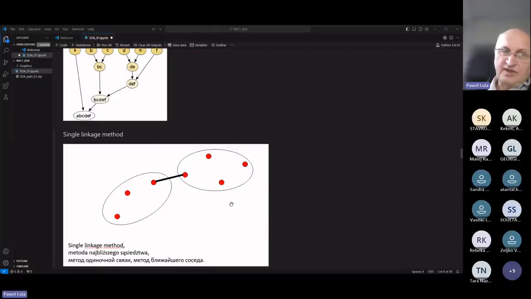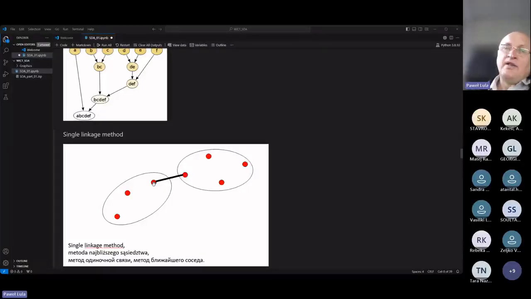So having two clusters, when we want to calculate the similarity between them, we should find two objects, one belonging to the first cluster and one belonging to the second cluster, for which the distance between them is the smallest. And when we compare similarities between different pairs of clusters, we use this distance for representing this similarity.